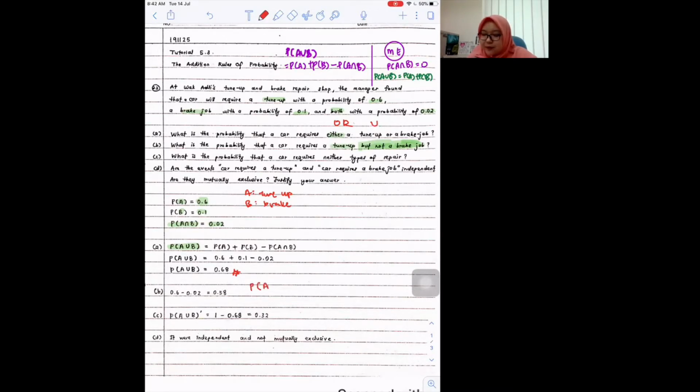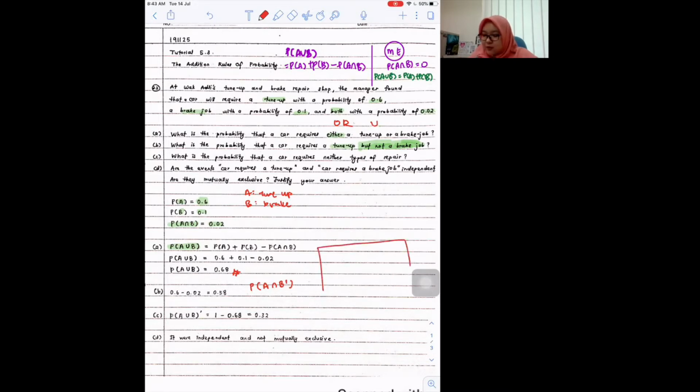Require a tune-up but not a brake job. B complement, right? Okay. So it's like this. P(A intersect B complement).